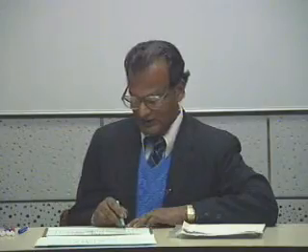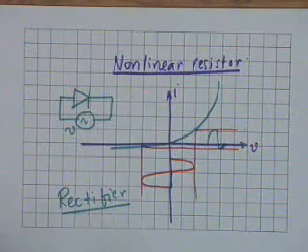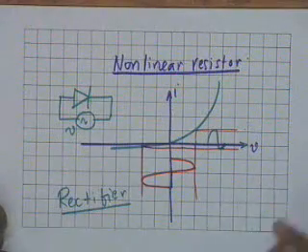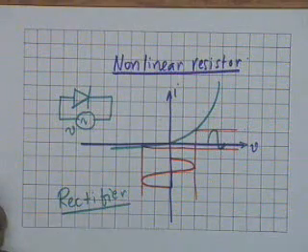So a diode, a nonlinear resistor, can therefore be used as a rectifier. Similarly, you can have other examples of nonlinear resistors, and the network analysis problem can be solved graphically. We shall see other examples.